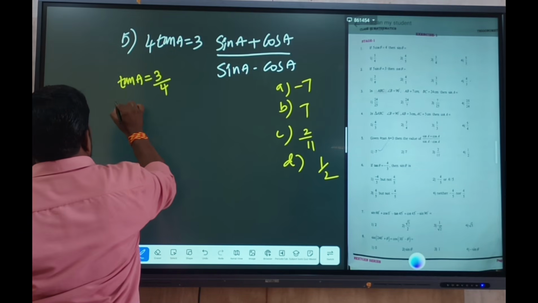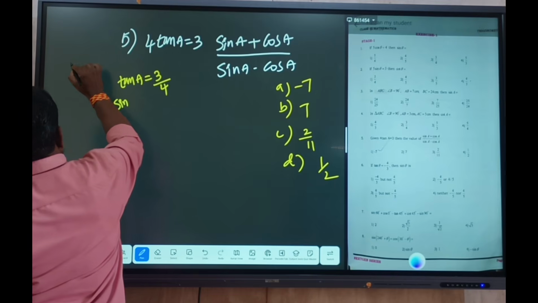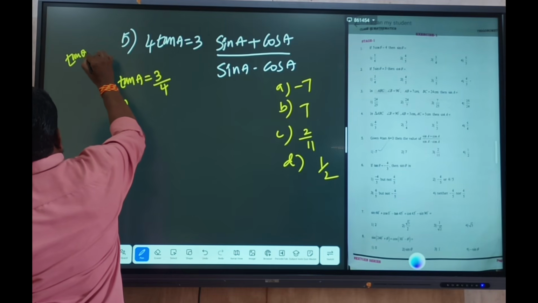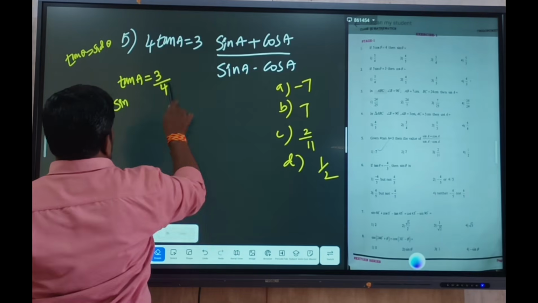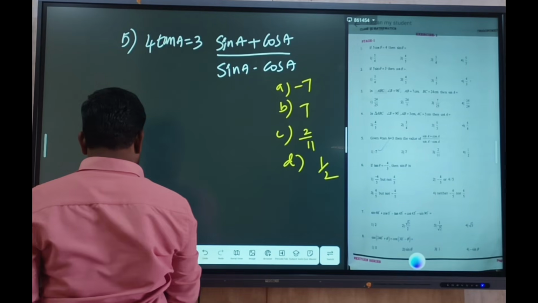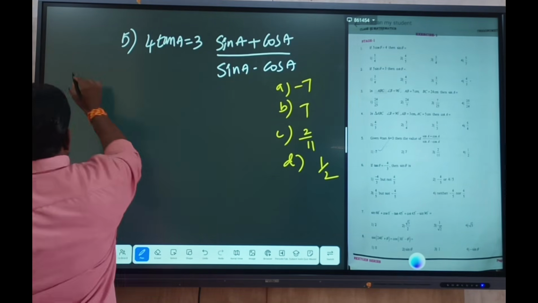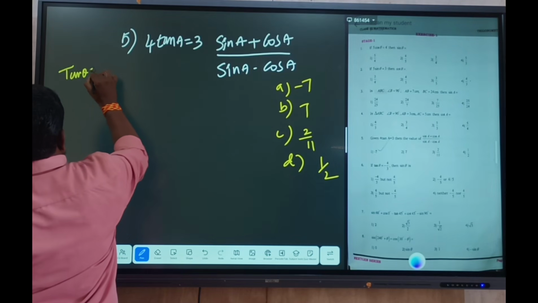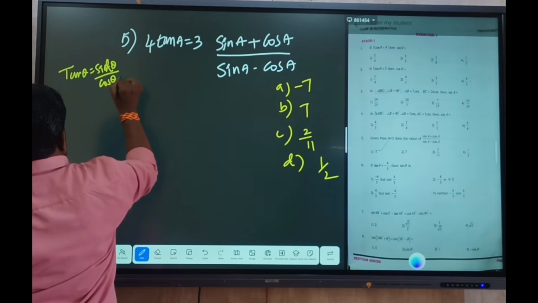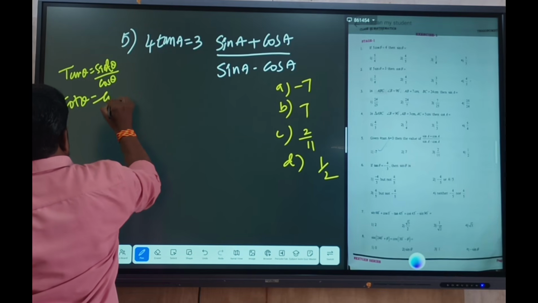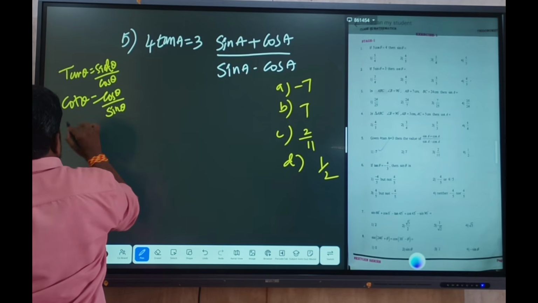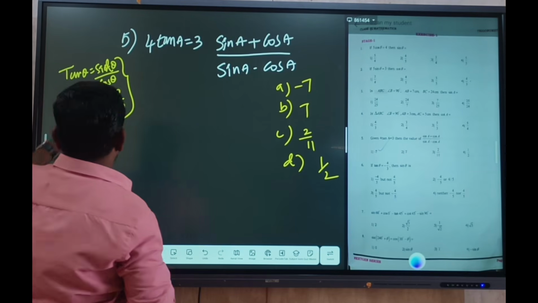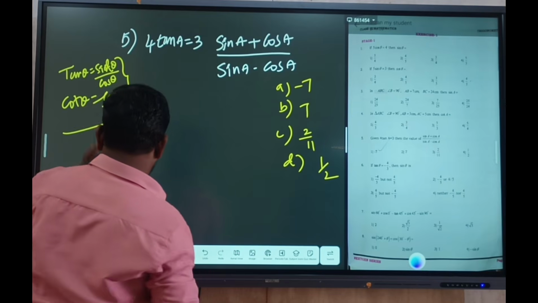The tan theta formula is sin theta by cos theta, and the cot theta formula is cos theta by sin theta.